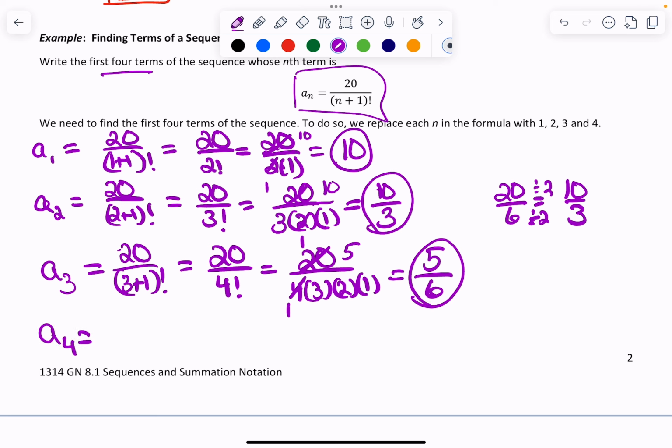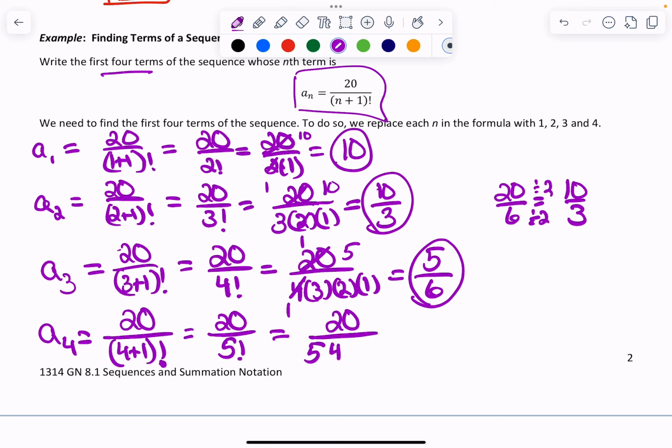Fourth term is going to be 20 divided by 4 plus 1 factorial. So 20 divided by 5 factorial, which is the same thing as 20 divided by 5 times 4 times 3 times 2 times 1. Okay, so 20 is divisible by 5. 20 divided by 5 is 4. 5 divided by 5 is 1.